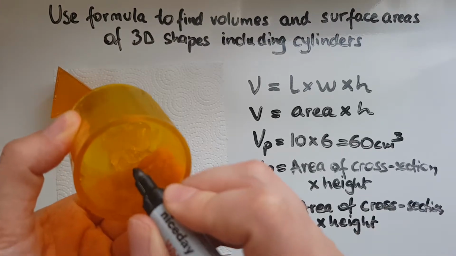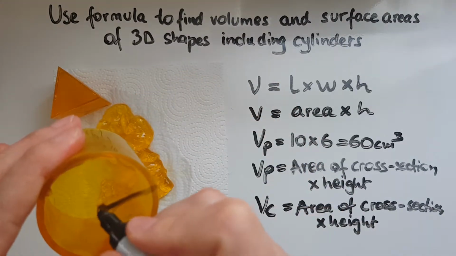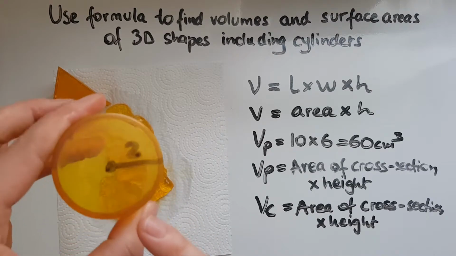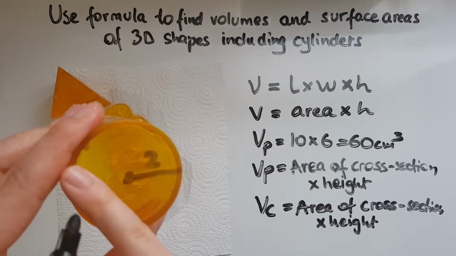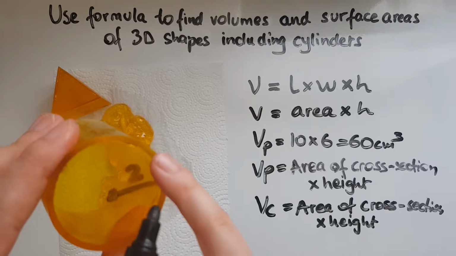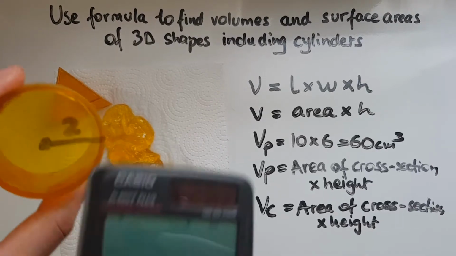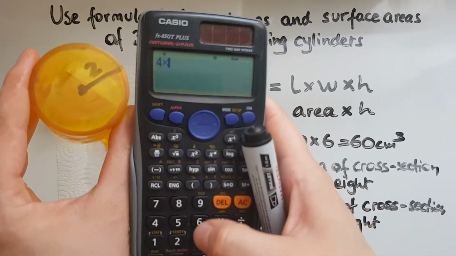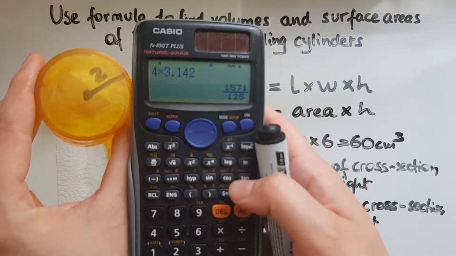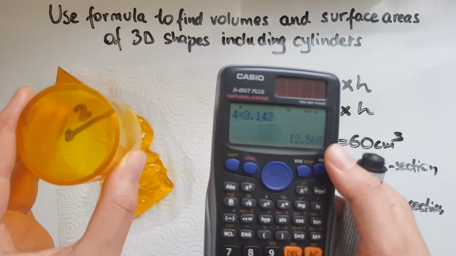So area of cross section, how do we work it out? So if the radius is equal to 2 centimeters, then what do we do? We do pi r squared. So r is 2, 2 squared is 4, so 4 times pi. So 4 times 3.142, and that gives us 12.568. So I'm going to keep it the same there.